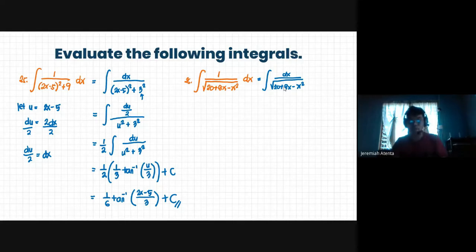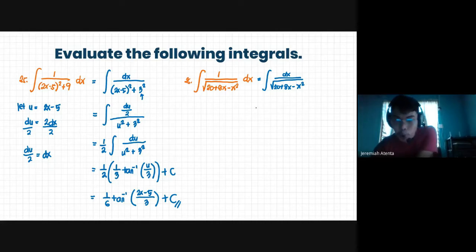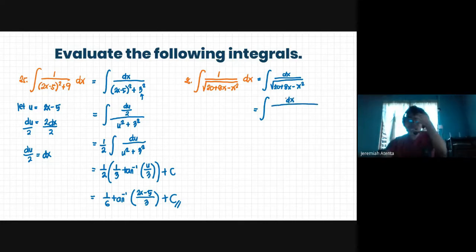I don't know if you can still remember completing the square, pero na-discuss yan sa pre-cal, right? Now, suppose I will have it as the integral of dx over. Kasi in this case, parang form niya ay yung first one, right? Kasi yung third, dapat may u times the square root. In this case, wala siya. So, in this case, si number 1 siya. So, we should have a constant na perfect square minus a variable na perfect square.